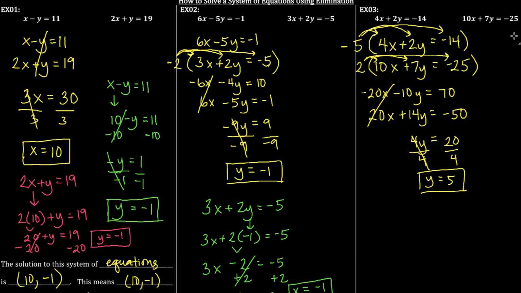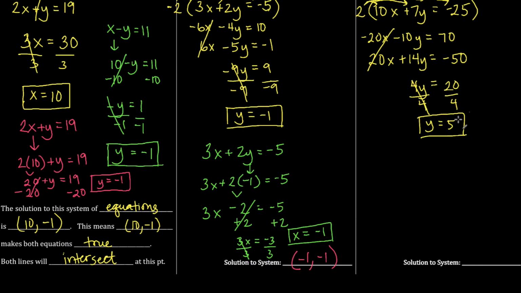So I like this one. This one's a little smaller looking than this one. So 4x plus 2y equals -14. The y was 5. Well, I'll do it like this.